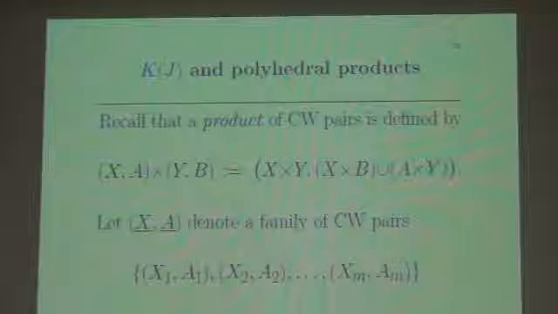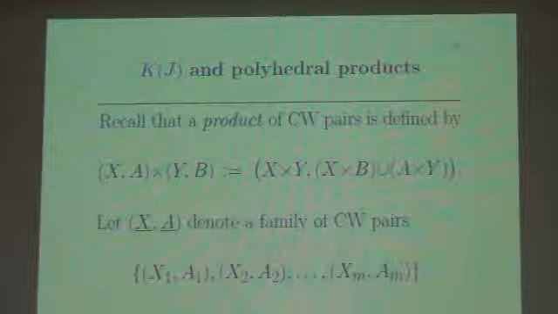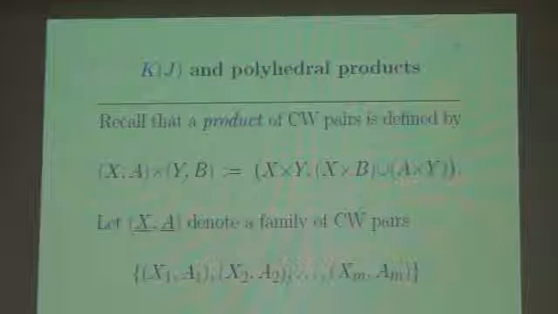But there is a product on CW pairs. You take the CW pair (X, A), Cartesian product with (Y, B), and it gives you a new CW pair, (X × Y, X × B ∪ A × Y), where the union is along A × B. Okay?